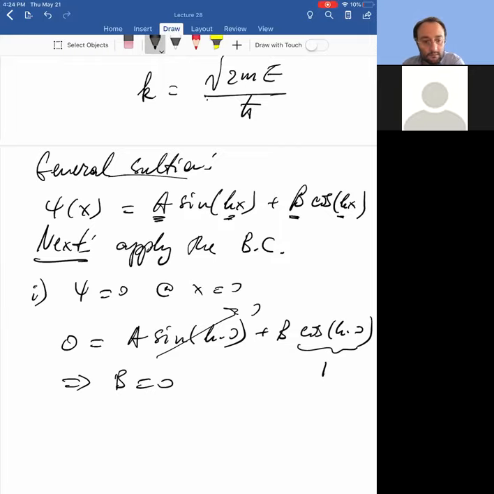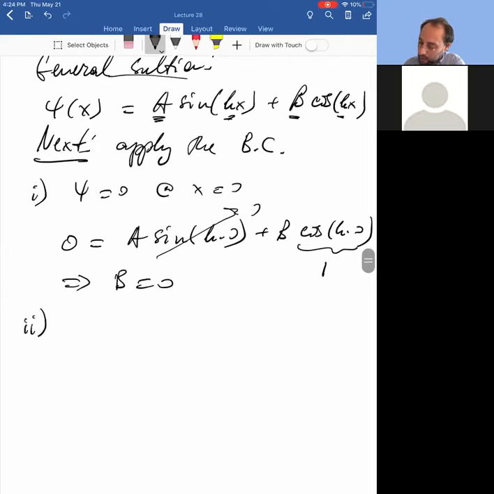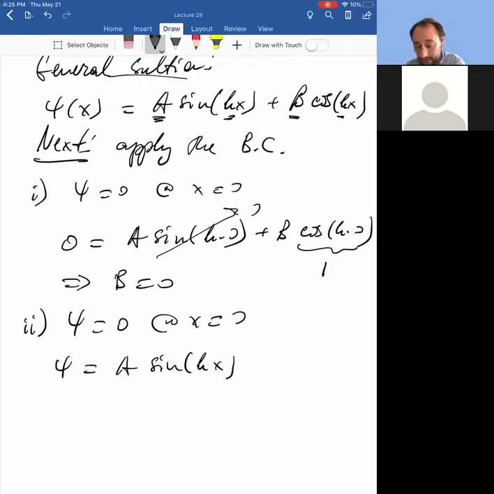What's the other boundary condition? The second boundary condition was that the wave function equals 0 at x equals L. So now we have wave function equals a sine of kx because the b part is gone.